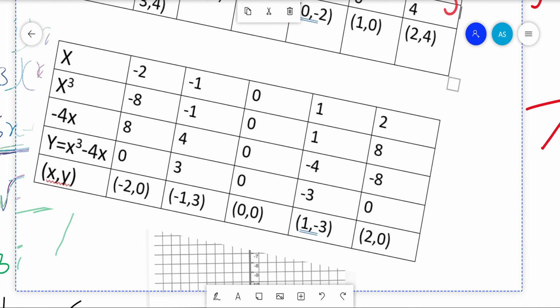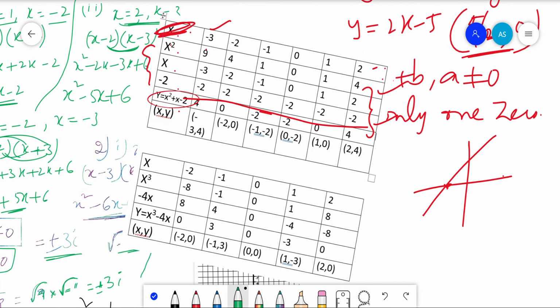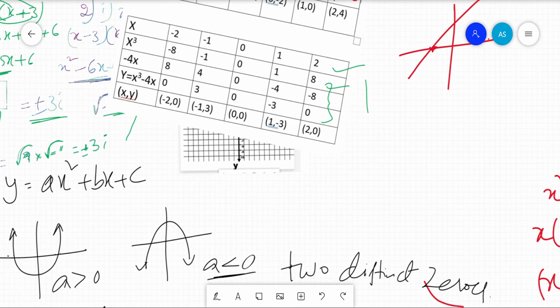By identifying the points, we are taking x as minus 2, minus 1, 0, 1, 2, and x cube values become minus 8, minus 1, 0, 1, 8, and minus 4x values, and these added together give the points, and by plotting those points you will get a graph.